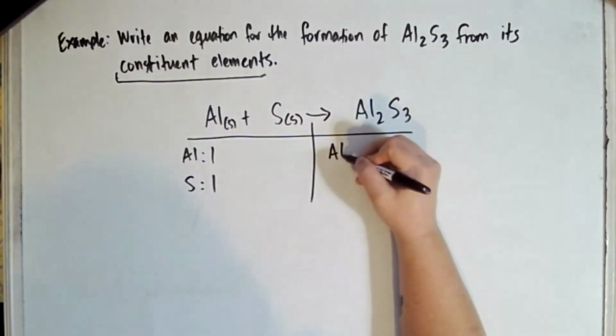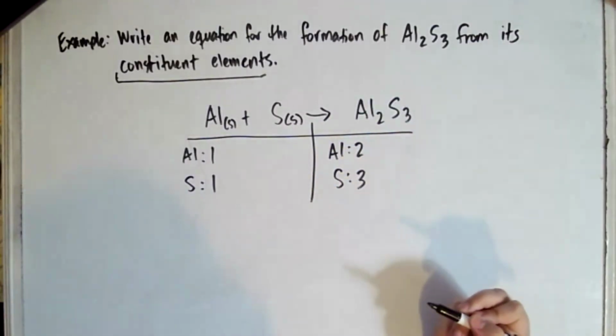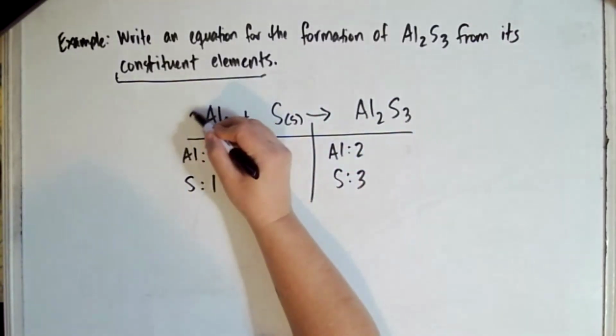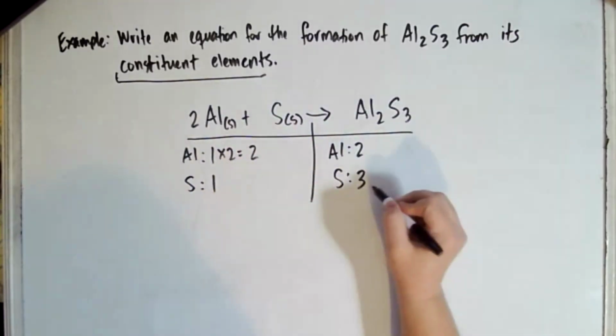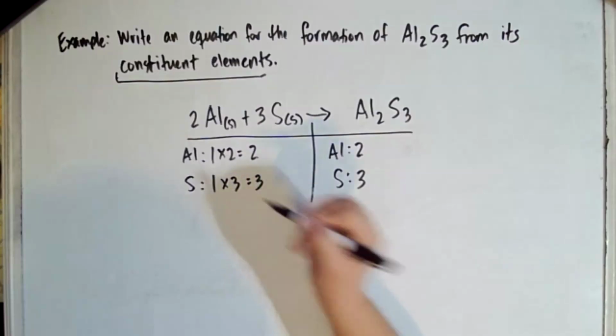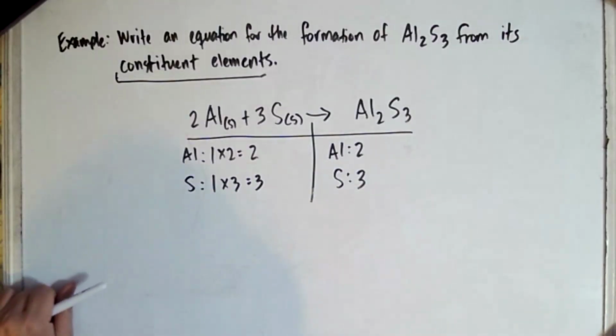On our product side, we have 2 aluminums and we have 3 sulfurs. And so it's very easy to see where our fixes are going to go, right? We make those changes and now the atoms on both sides match up.